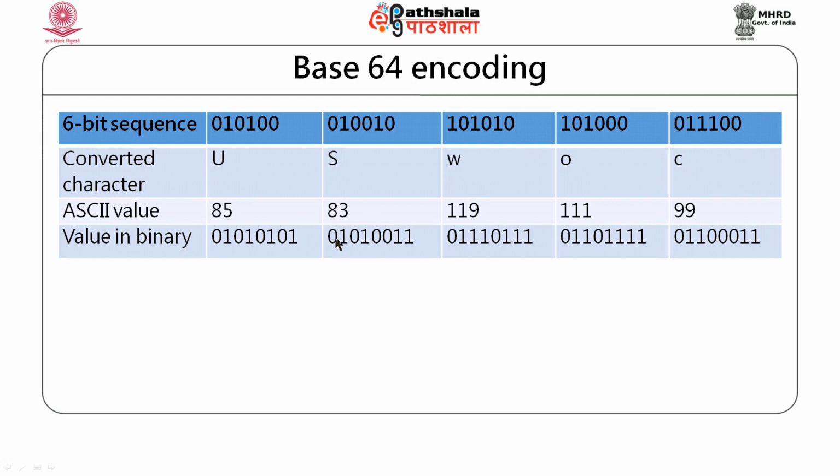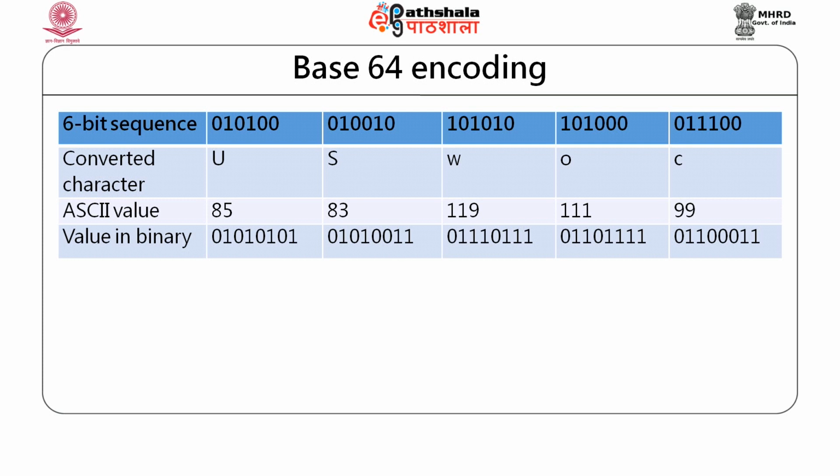Now, how an image is converted into a base 64 encoding: you can see that the complete data is divided into 6-bit content. So, this is the first 6 bits, this is the second 6 bits, third 6 bits and so on. Now, that means every character is given a typical number.